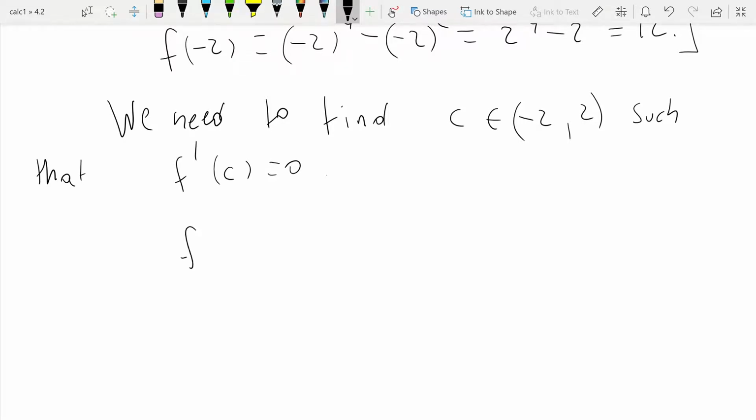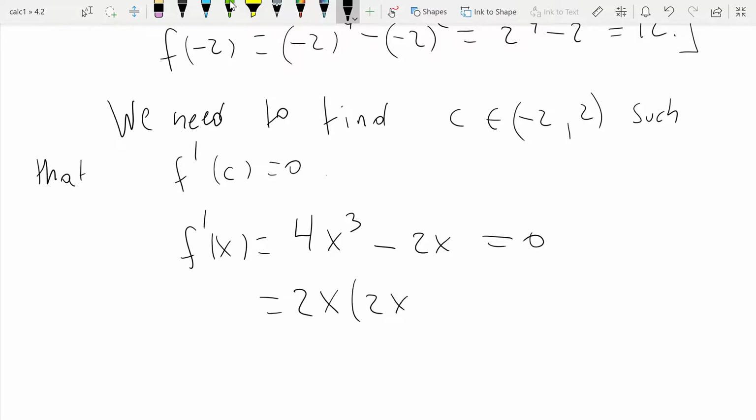So what's the derivative of f? It's 4x cubed minus 2x, and we set this equal to 0. But this can be written as 2x times 2x squared minus 1 is equal to 0.